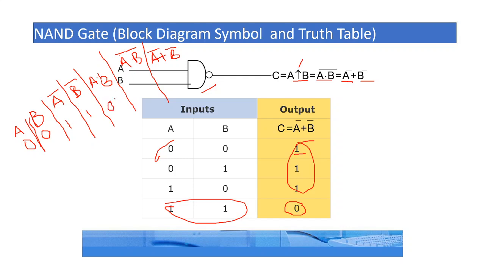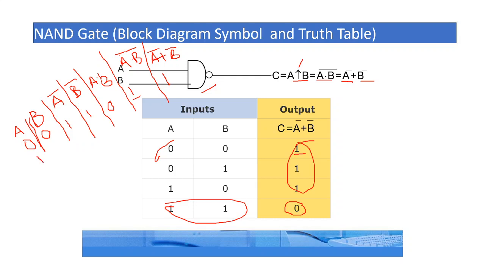(A dot B) bar, the complement of A dot B, is 1, so output is 1 like here. And A bar plus B bar, we have A bar equal to 1, B bar equal to 1, so A bar plus B bar is also 1. So (A dot B) bar is logically equivalent to A bar plus B bar.